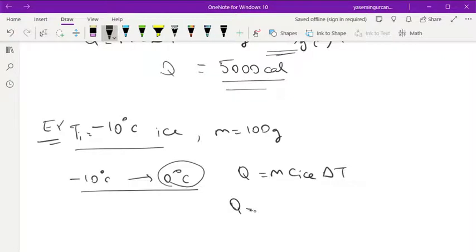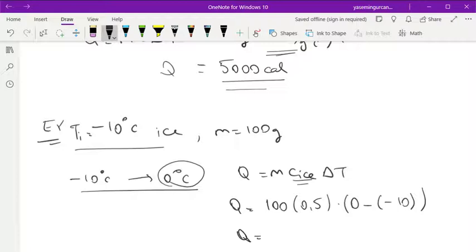So you're going to take this Q, the total energy. You had 100 gram, and as I said, ice is 0.5 instead of 1 for water. Delta T is going to be the final temperature 0 minus the starting -10. So this minus is going to make it positive, and it tells you that this is the energy you need to add to ice to increase the temperature.